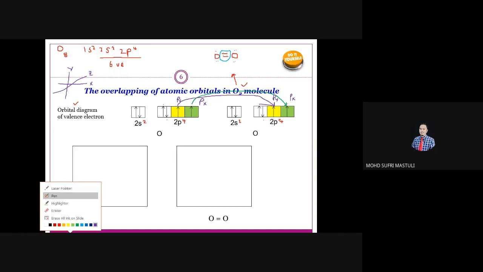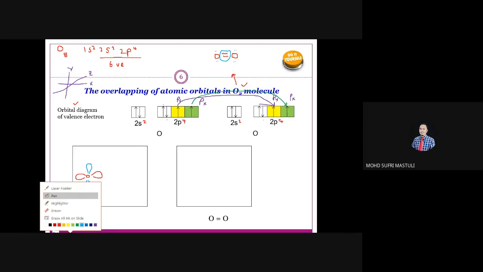In order to draw, this is after bonding. This is before bonding. We know before bonding, oxygen should have px and py, because a p orbital looks like a bowling pin or a chromosome.